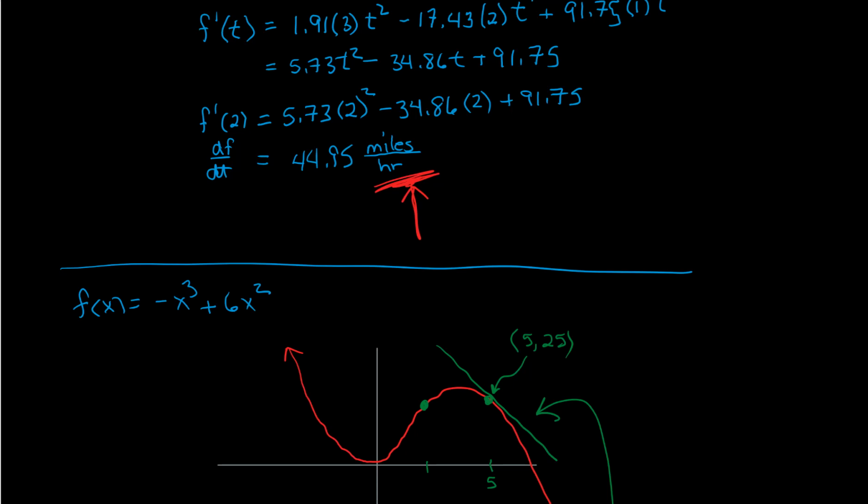Here's where the important part comes in, miles per hour. So the units are in miles per hour. And it's very important for you to include that. If I just came up to you and said 44.95, you might think it's the price of something and not realize it's the speed of a car at a specific point in a trip.